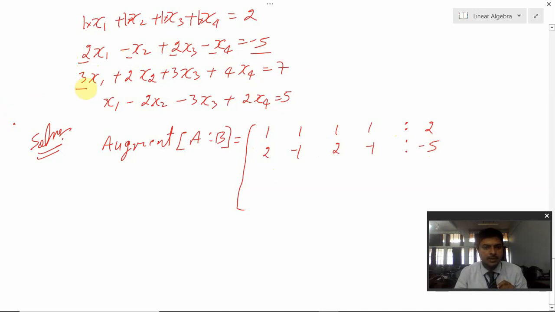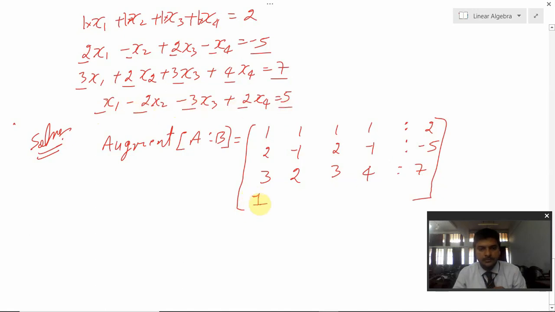Next coefficients 3, 2, 3, 4, 7. Okay, just write those numbers as it is, copy down, don't change anything, as it is you have to write it in the matrix form. Okay, that's the augmented matrix. Next is 1, minus 2, minus 3, 2, 5.